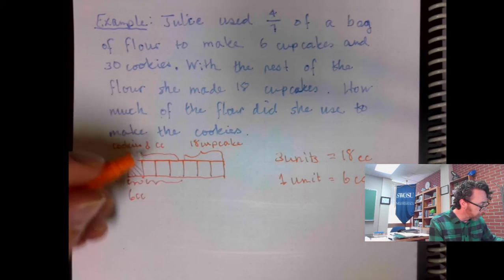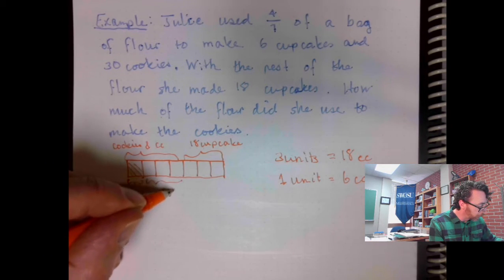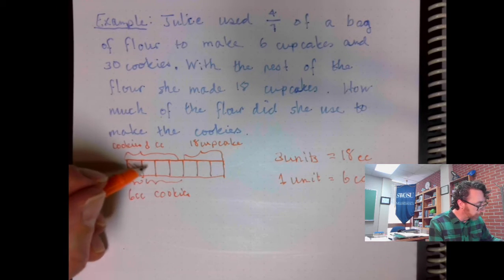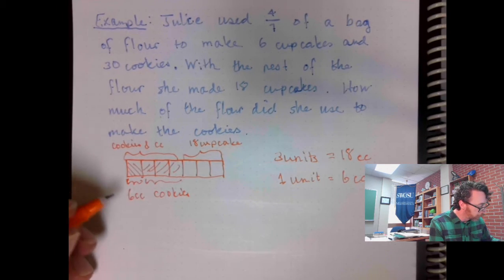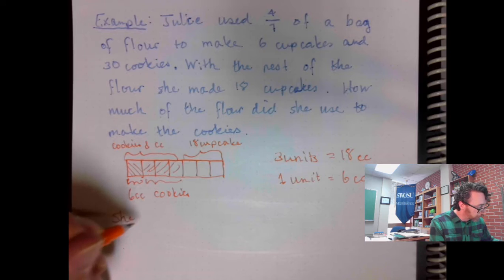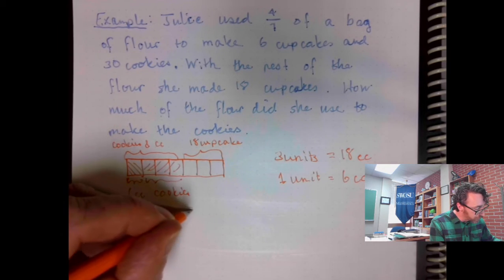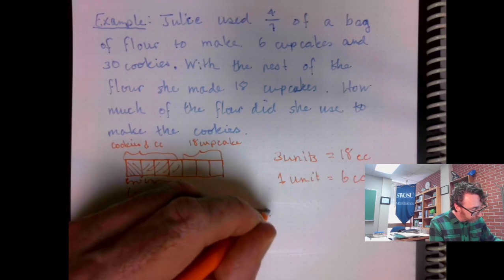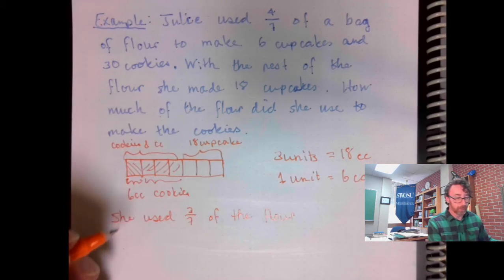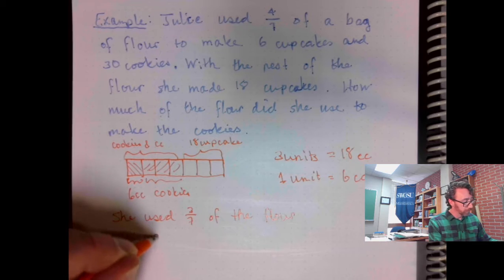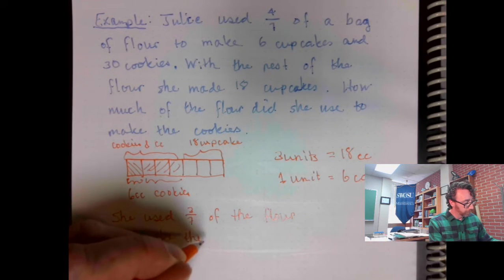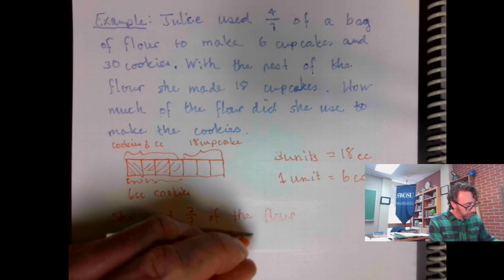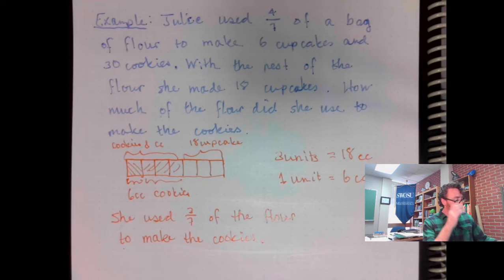That means the remainder in this part must have been used to make the cookies. So she used 3/7 of the flour to make the cookies.